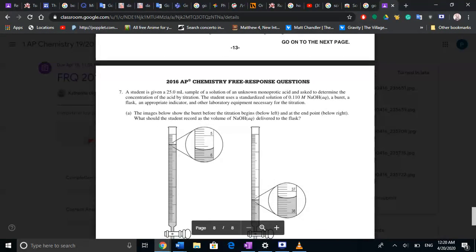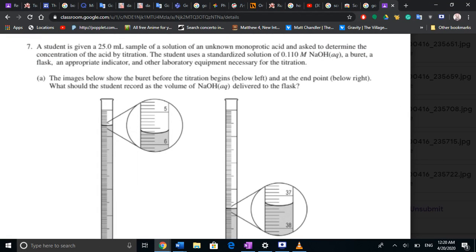Another reason I'm using the white part of the graduated cylinder is that the one thing that remained constant was our 25 milliliter sample solution, and the one thing the student was changing was the amount in milliliters of our base.